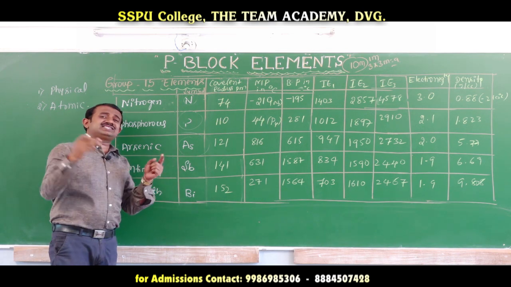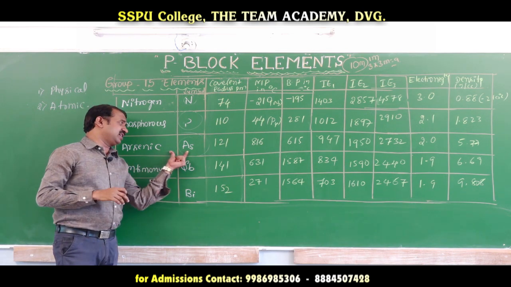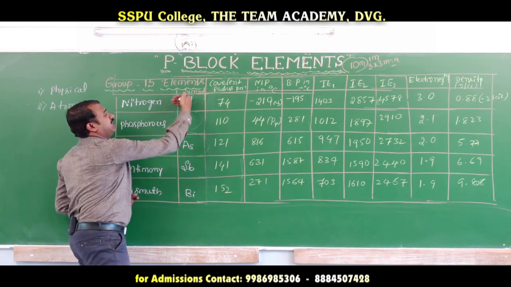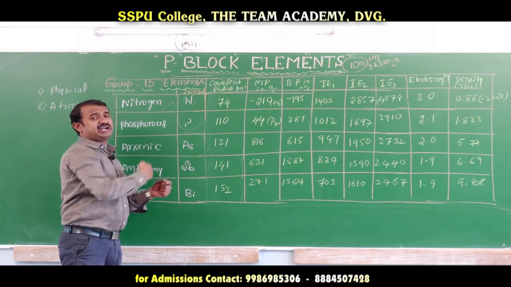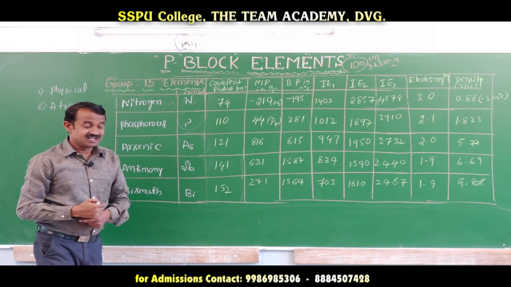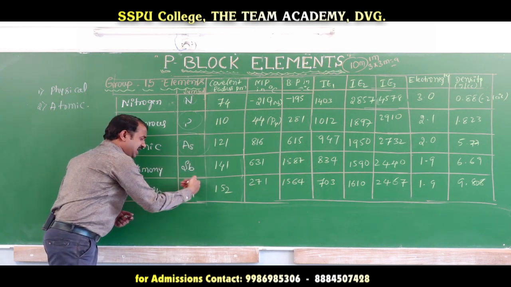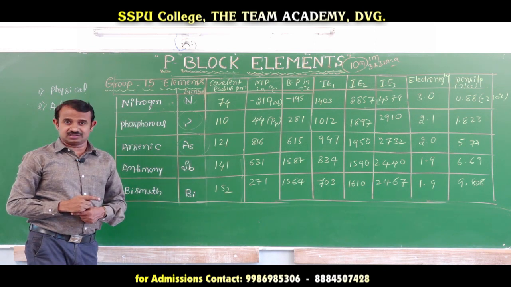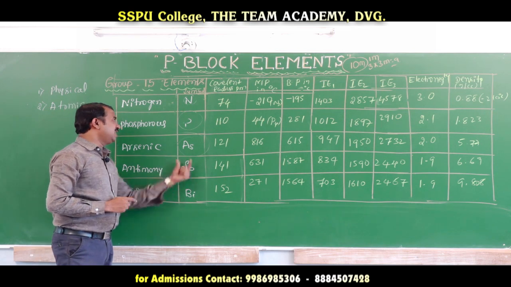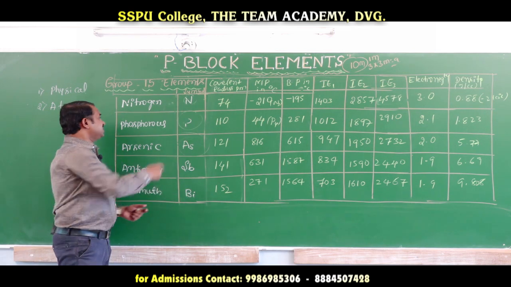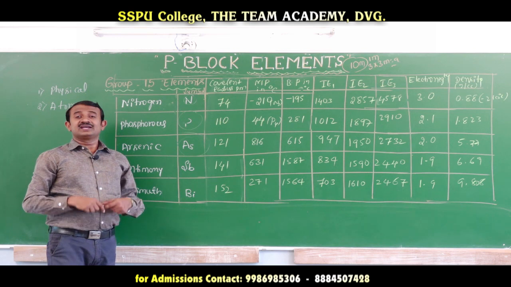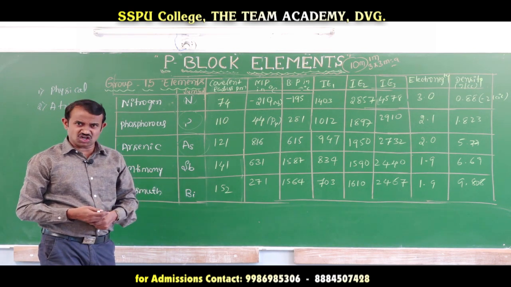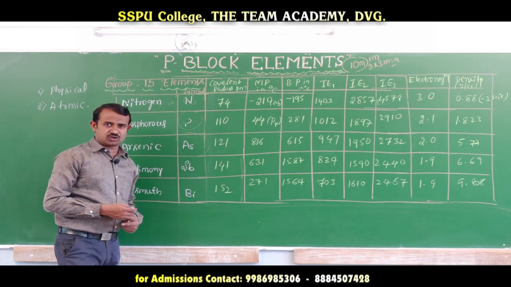When d electrons enter, arsenic and antimony are slightly increased compared to nitrogen and phosphorus, which have a very high difference in atomic size. For arsenic, antimony and bismuth, d and f electrons also enter. That is why atomic size increases going downwards, because the nuclear charge increases. That is the important factor.